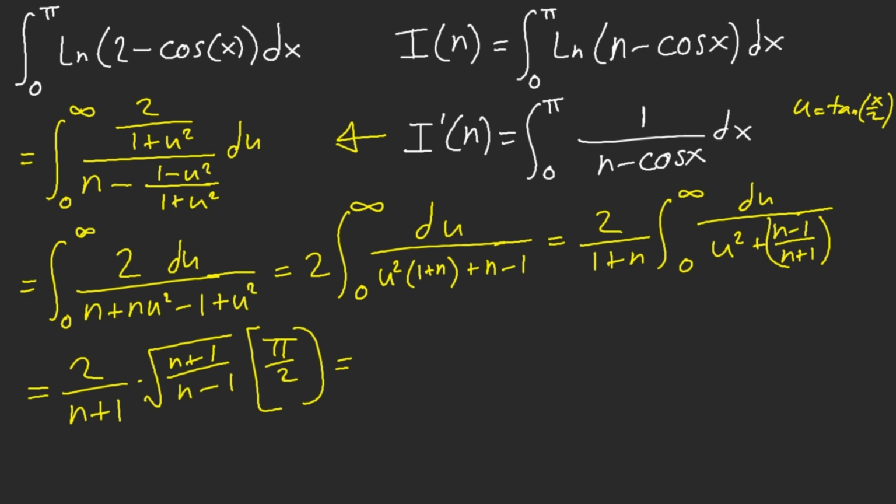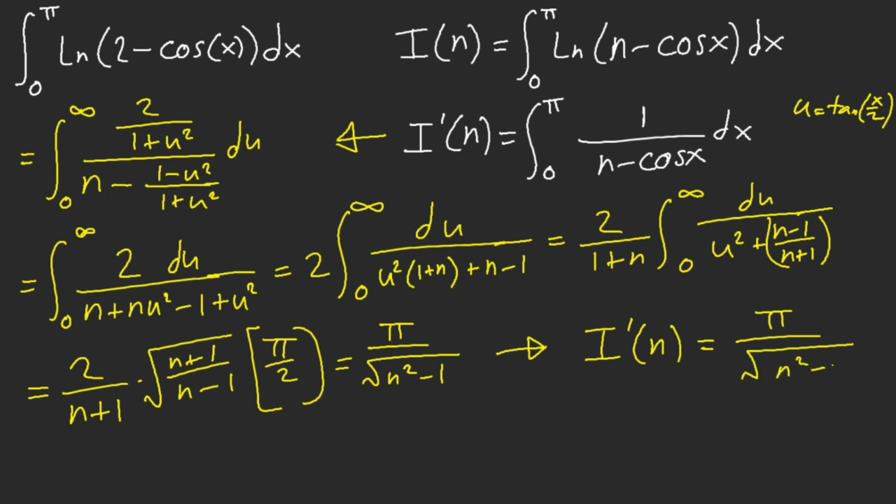Then the 2 cancels out, so we should get pi over the square root of n squared minus 1. Alright, so we have I prime of n is equal to pi over the square root of n squared minus 1. Alright, cool.